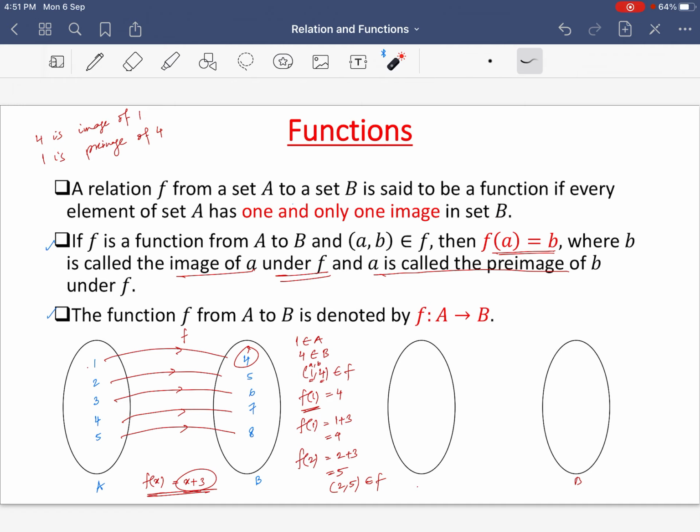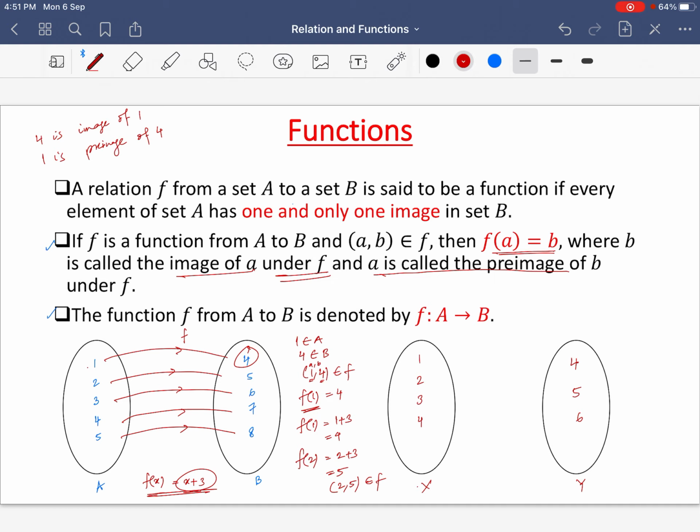Now the function f from A to B is denoted by f: A → B. This is how we denote a function. So suppose we have a function like this, from x to y. Here we have 1 2 3 4, and here you have 4 5 6.